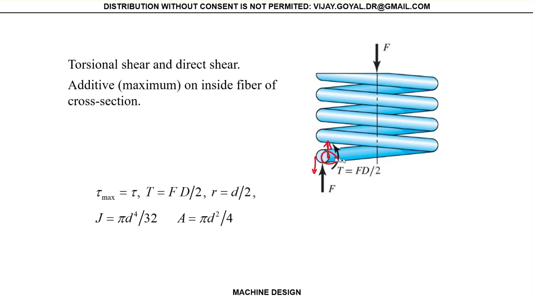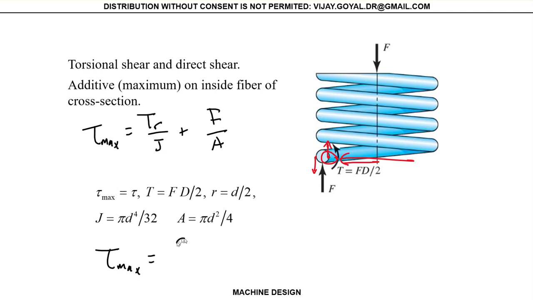So you can see that I'm actually using this point right here as critical. And your tau max in this problem would be TR over J plus F over A. Given that, you can show that the value that you use is 8FD over pi d cubed plus 4F over pi d squared.